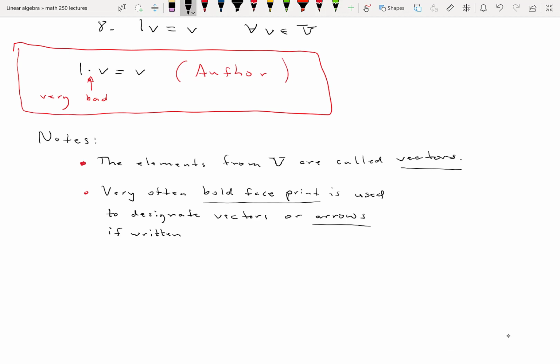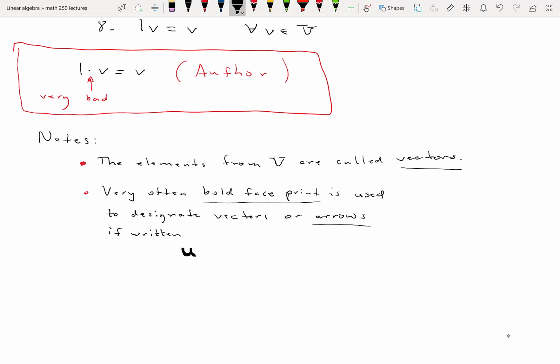Next, very often boldface print is used to designate vectors. This is going to be familiar for physics folks or students who've had Calc 3. Boldface print is used to designate vectors, or arrows if written. What I mean is if you want the vector u in a textbook, you'll see it written in boldface print.